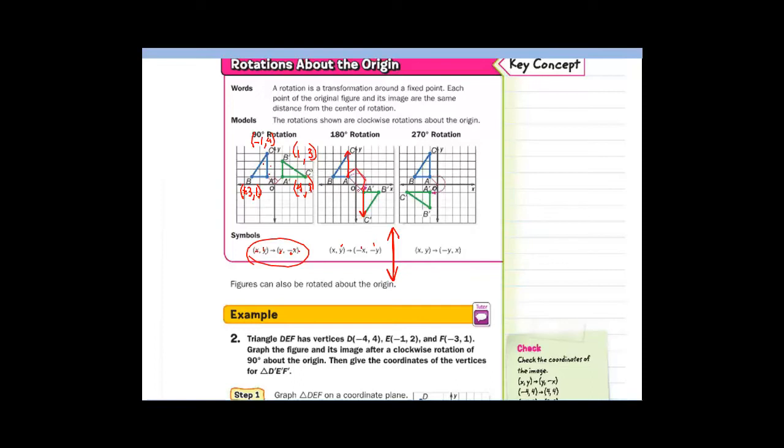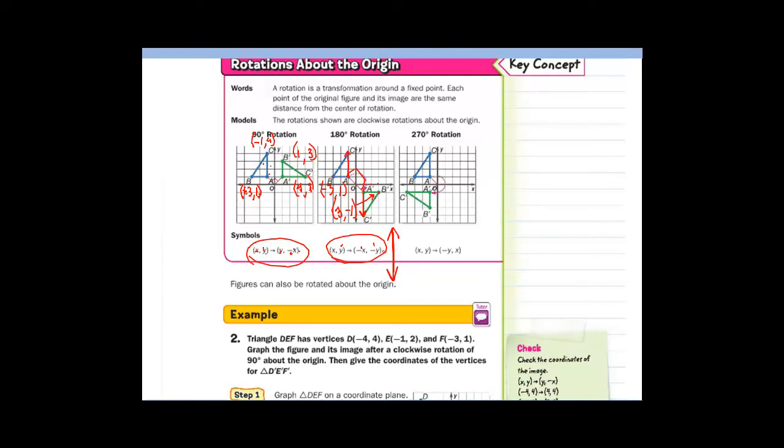So if I look at the coordinates of B, B is negative 3, 1. Our B prime should be the same numbers in the same locations, but different signs. So B prime should be 3, negative 1. Let's see if it is. 1, 2, 3, negative 1. 3, negative 1 is B prime. All right, so that is 180 degrees, just the opposite of both.